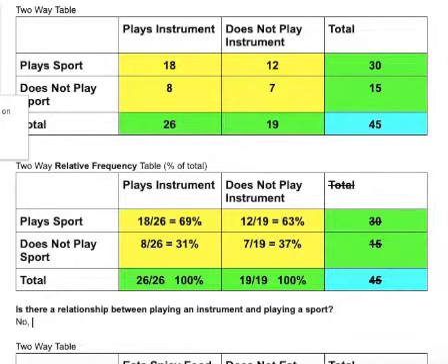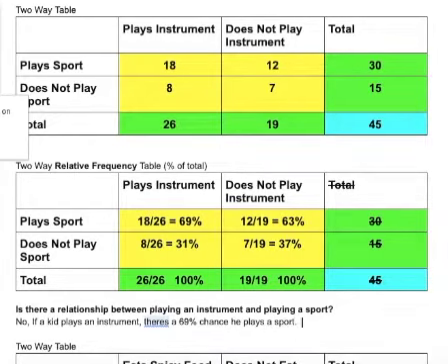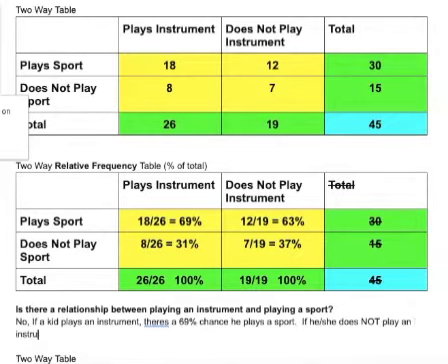And I'd probably say no. Because if a kid plays an instrument, there's a 69% chance he plays a sport. And if this kiddo does not play an instrument, there's a 63% chance it plays a sport.